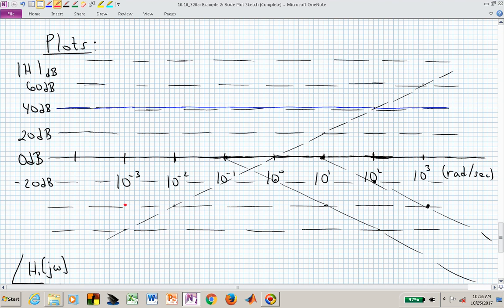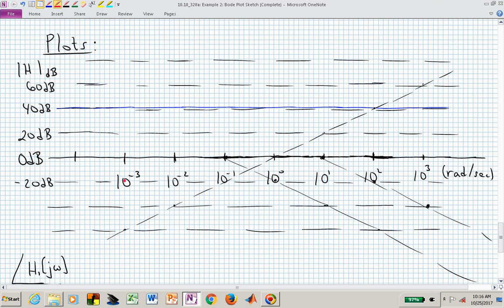Then at 10 to the minus 2, we have... Now what am I doing? Wake me up. We had minus 60 plus 40. That's going to give us minus 20 dB. Thank you.